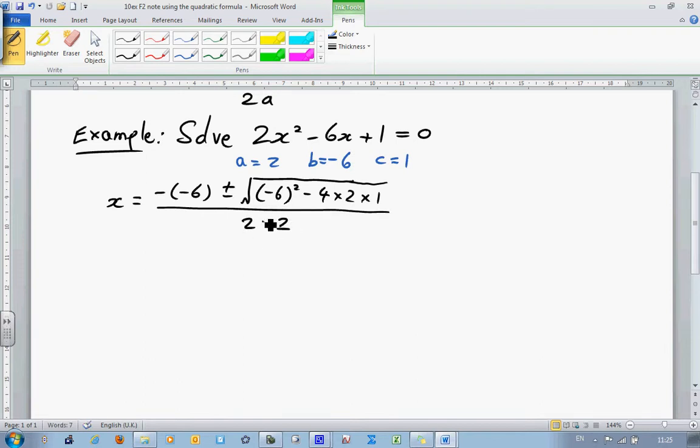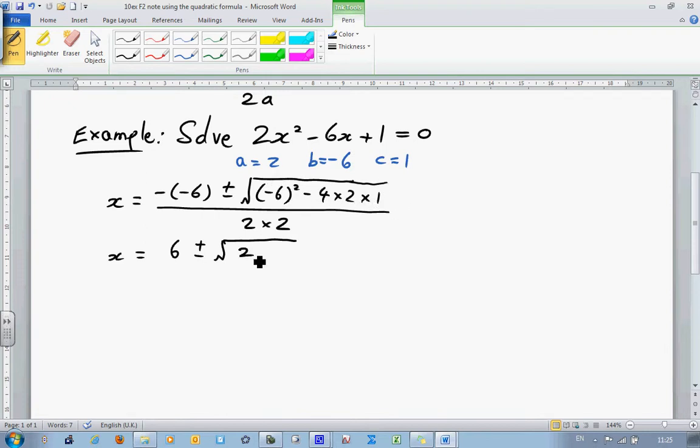So I'm subtracting a negative, so that's positive 6. Add on the square root of negative 6 times negative 6, which is positive 36. Take away 4 times 2 times 1. 36 take away 8 is 28, all over 4.